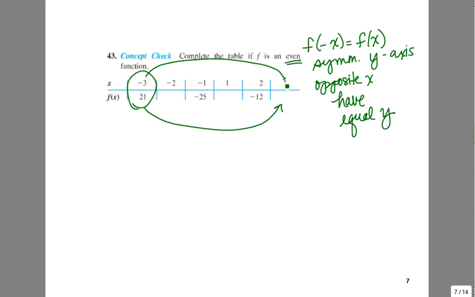So the y value at positive 3 would have to be the same as the y value at negative 3. If I know that 2, negative 12 is on the table or on the graph of f, then opposite x would have to have equal y. So that would have to be negative 12 there. For negative 1, negative 25, opposite x have to have the same y value. So that's how you complete the table, knowing that information.